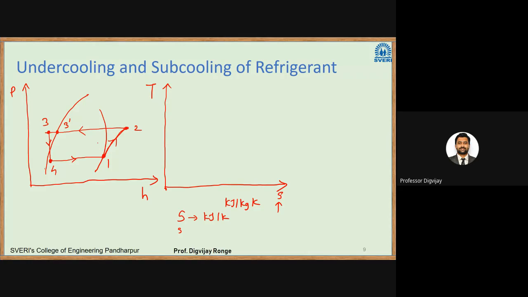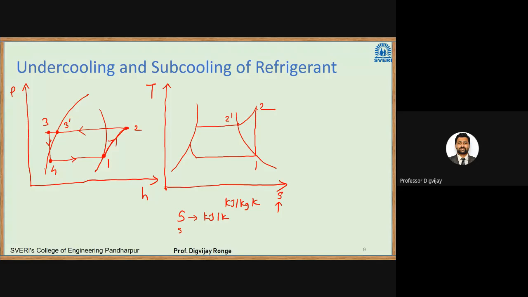I will draw the TS diagram also. So this will be point 1, 2, let us say this is point 2 dash.